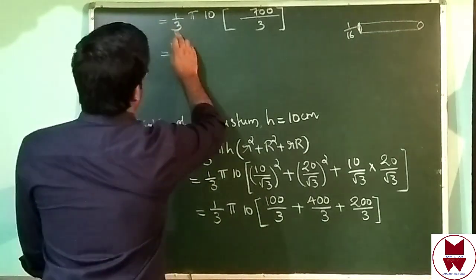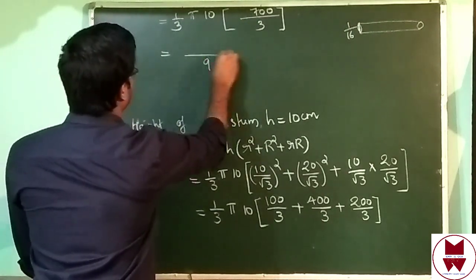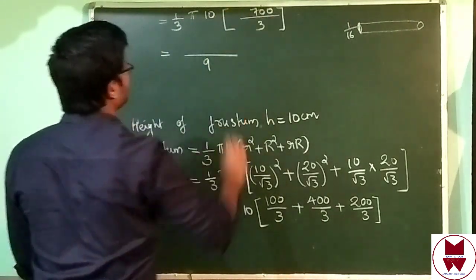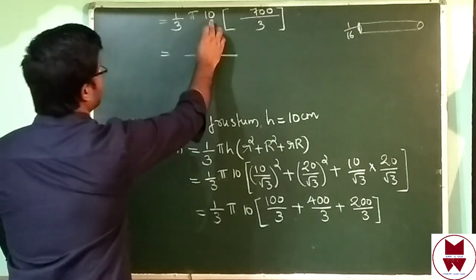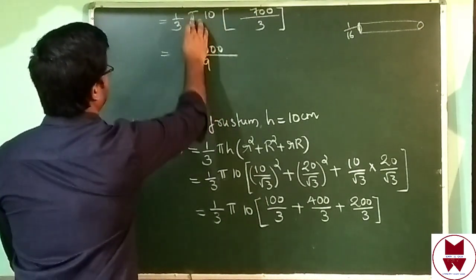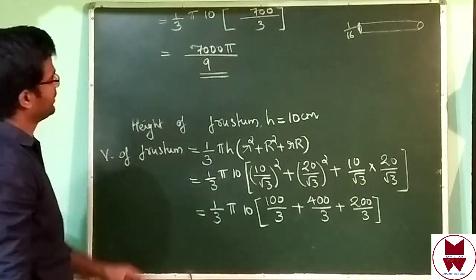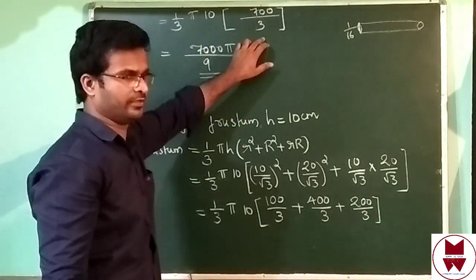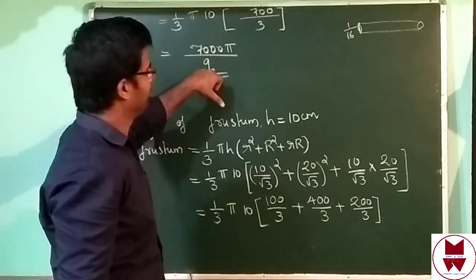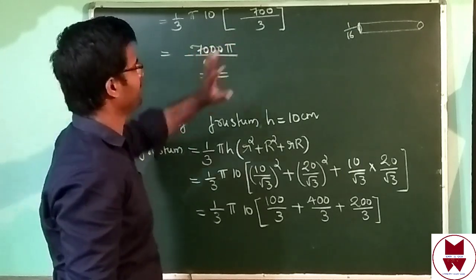Then the denominator part, 3 into 3, 9. Then 10 into 700, you will get 7,000 pi. This is the volume of frustum. Keep in mind, 3 into 3 I did first, we get 9. Then 10 into 700 will be 7,000 pi.